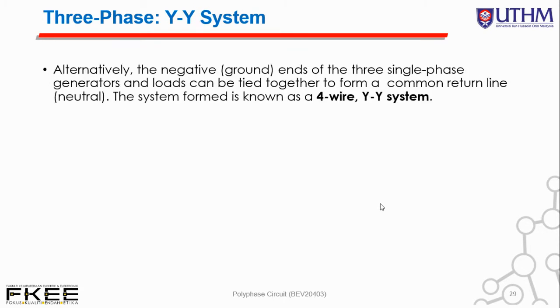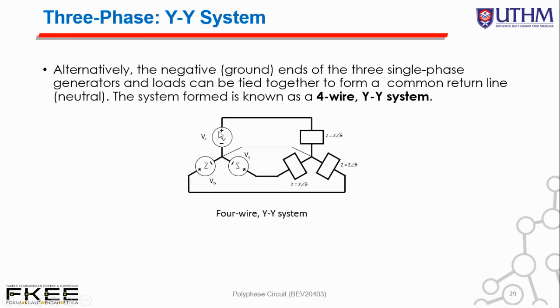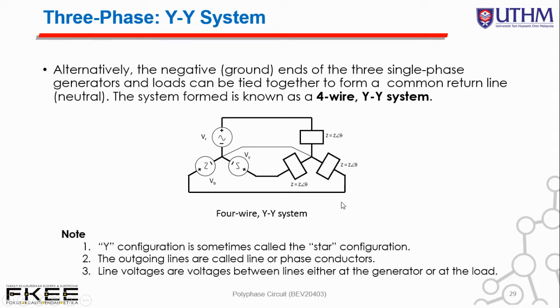We have seen how the Y system works, including the Y system connected with the fourth wire, the neutral wire. This is the load system, another Y connection, also referred to as star configuration. Instead of Y, we also say star configuration.